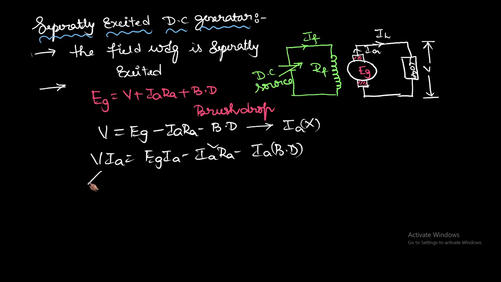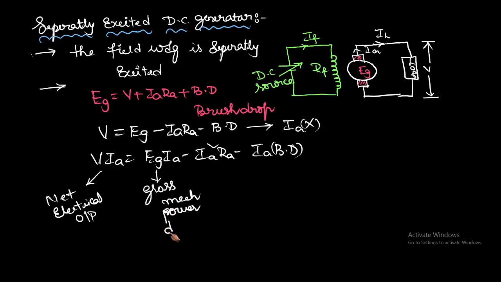So what is this V into Ia? It is the net electrical output. And Eg into Ia is the gross mechanical power developed, that is power output or power developed, whatever it may be.